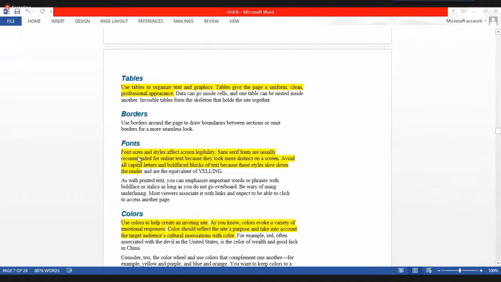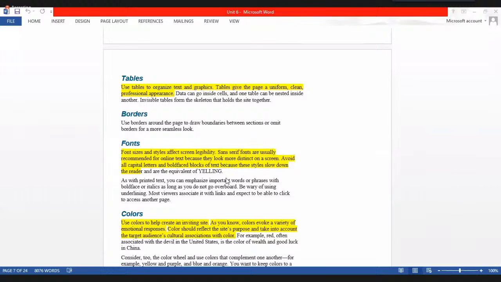Then here, font size of the letter. The font size and styles affect screen legibility. Sans serif fonts are usually recommended for online text because they look more distinct on a screen. Avoid all capitals and bold-faced on blocks of text. So what do you mean by sans serif fonts?